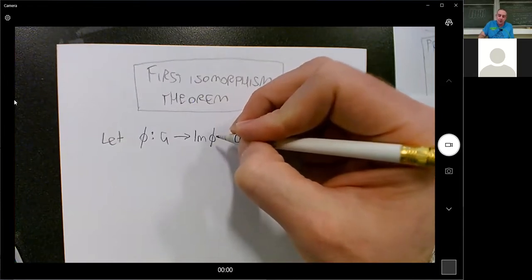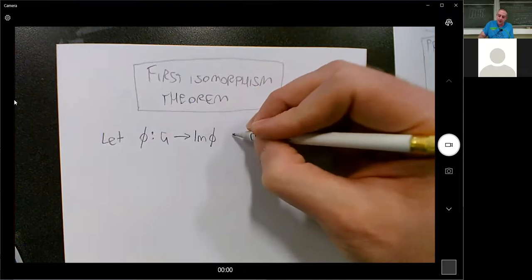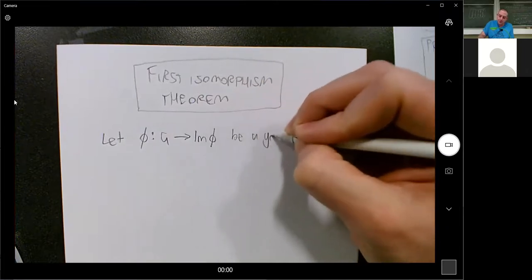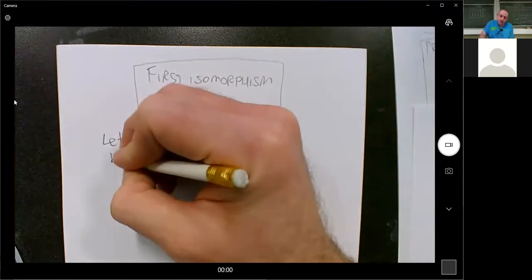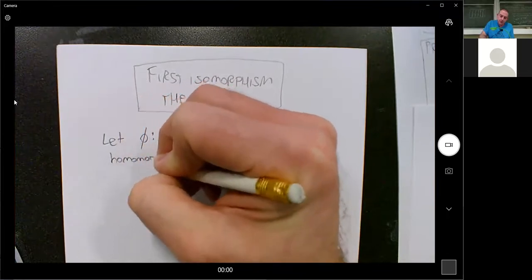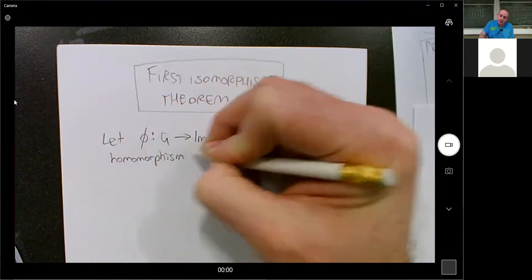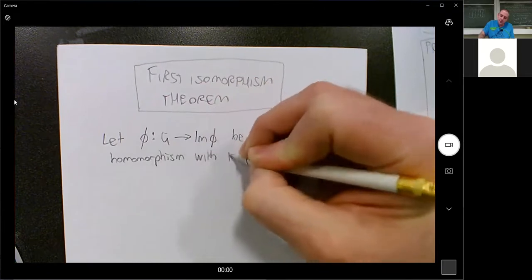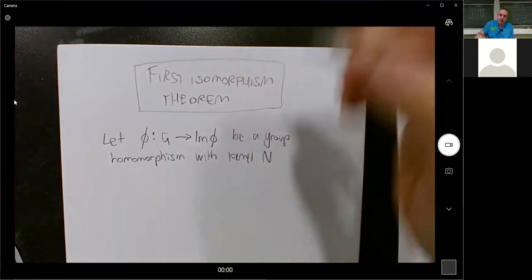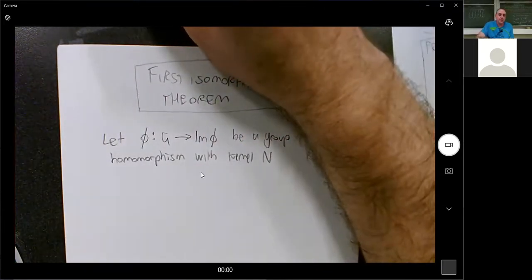So let phi, which sends G to the image of phi, be a group homomorphism with kernel N. Okay.